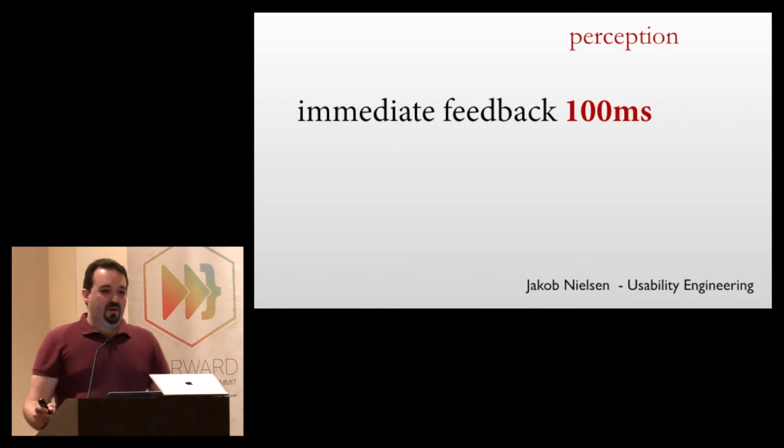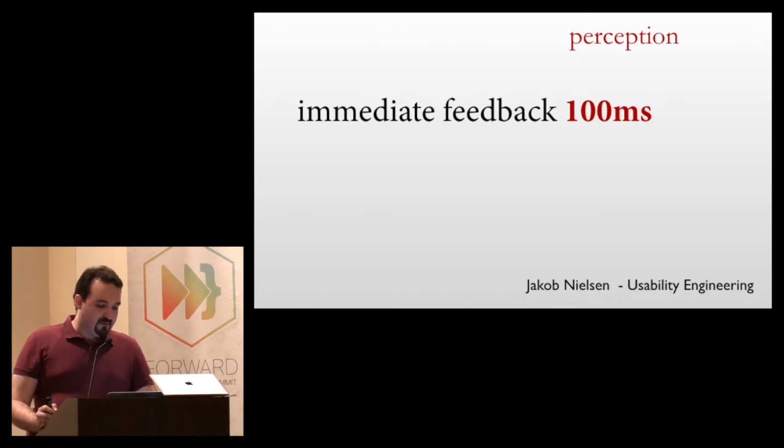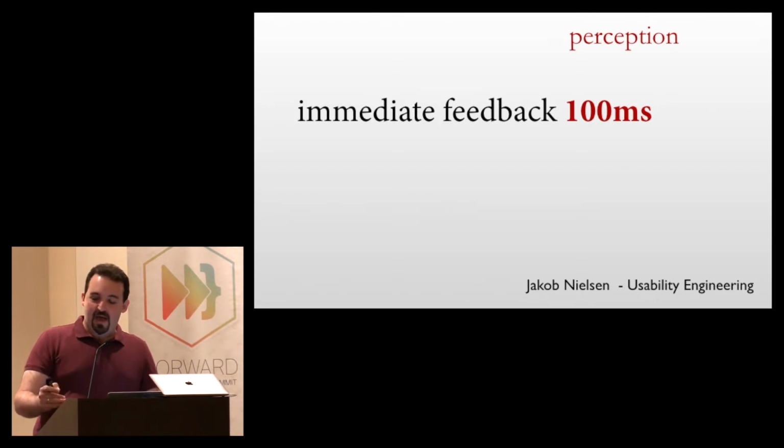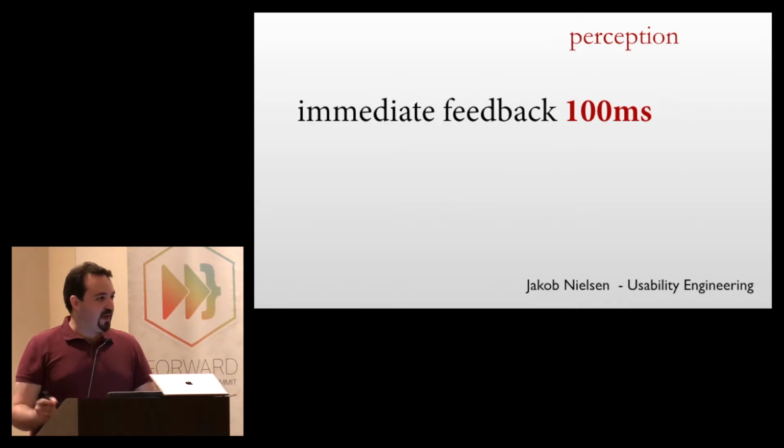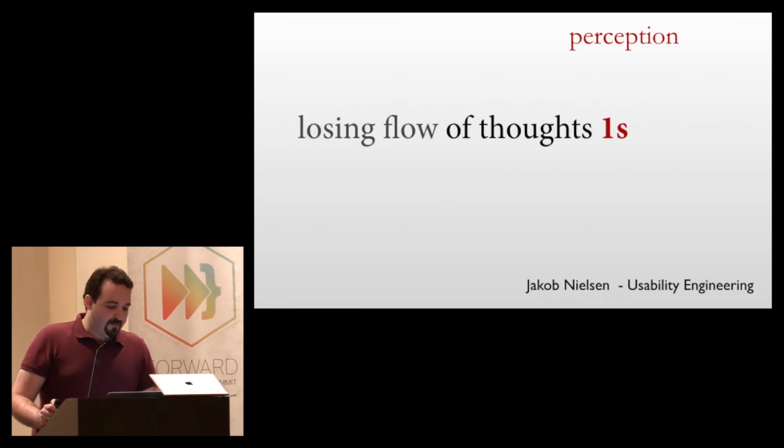Also, you probably know this, but basically, for a human being to recognize something as being immediate, it has to happen within 100 milliseconds. So the feedback should appear within 100 milliseconds. Also, you know that we have something called the flow of thoughts. When you're expecting something, and that something is taking longer than 1 second, your brain starts to think on something different.